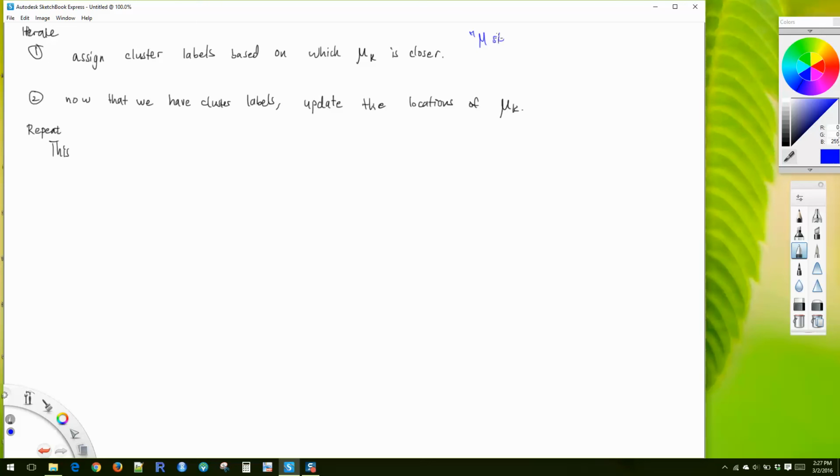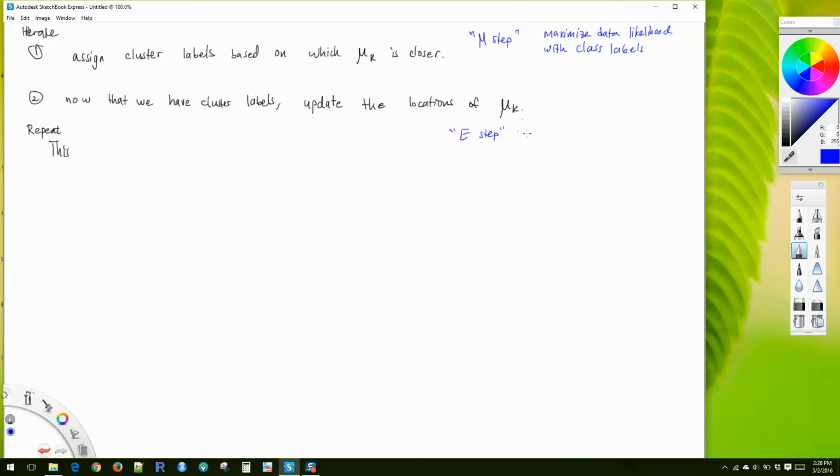We're trying to maximize our data likelihood, okay, by changing class labels, okay? And then this can be thought of as kind of an E step.